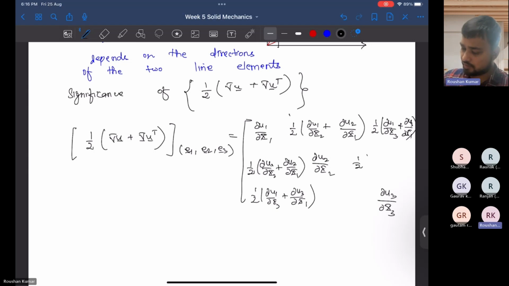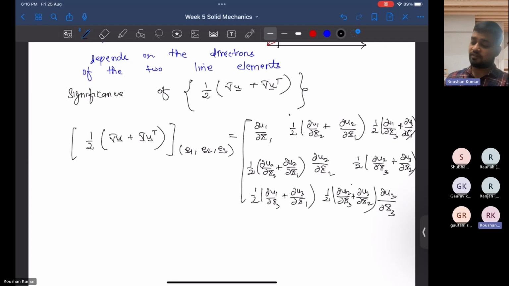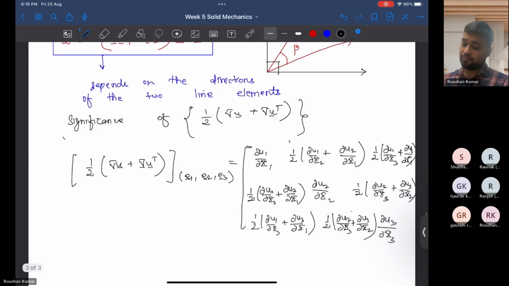This one is half of del u2 over del x3 plus del u3 over del x2, and this one is symmetric to it. So this is the component form of the half of grad u plus grad u transpose tensor. This is a second order tensor and it has 3 by 3, that is 9 components.